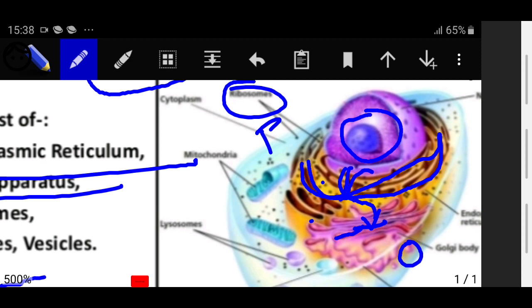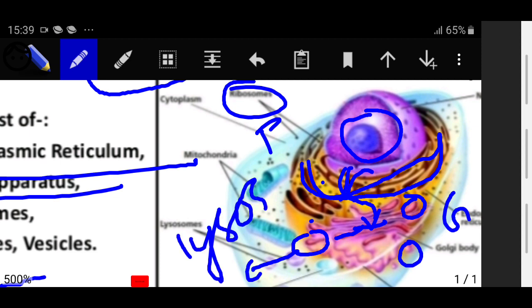Here the swollen, bulged area of the cisterna of the Golgi complex is called the Golgian vacuole, I told you, right? And this swollen part will be detached and formed as a lysosome. What do you understand from this? The transformation of membrane happens here.